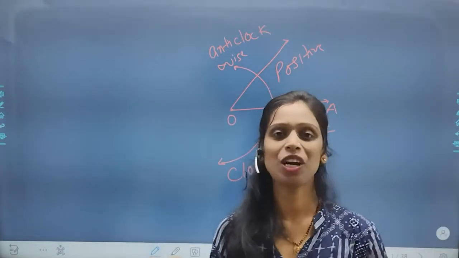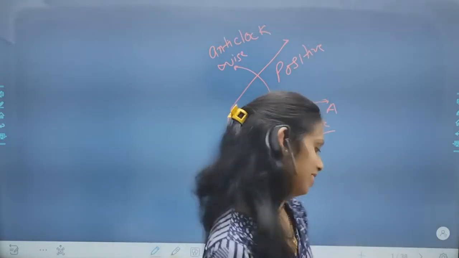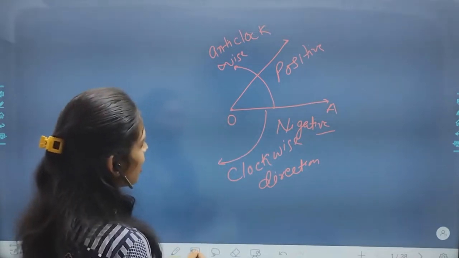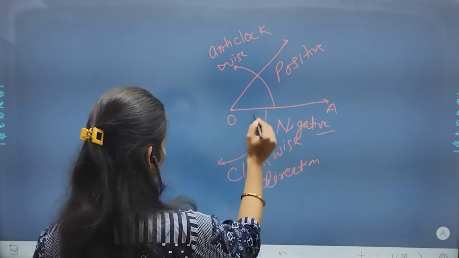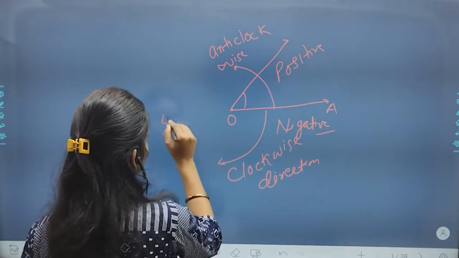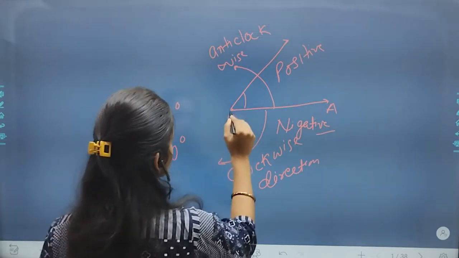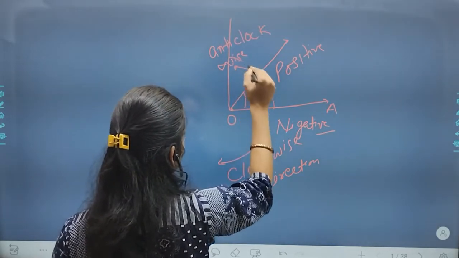Now let's come to how we measure a radian. It is very important. And you know that this is a degree. Okay, now this is 90 degree, because this is a 90 degree angle.